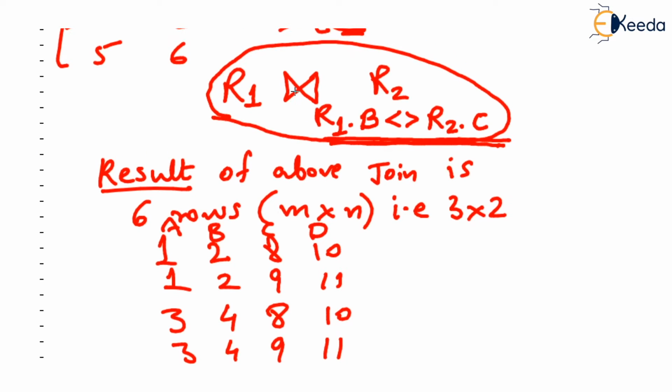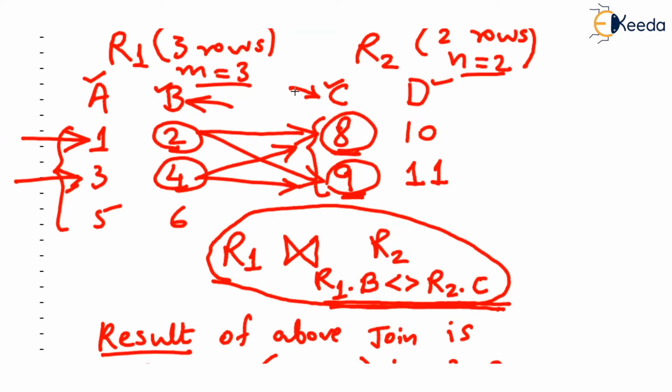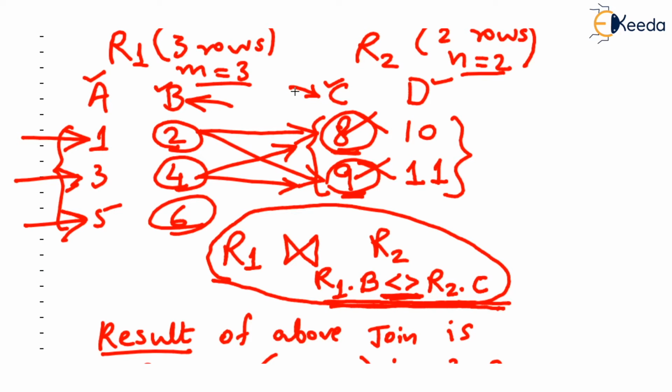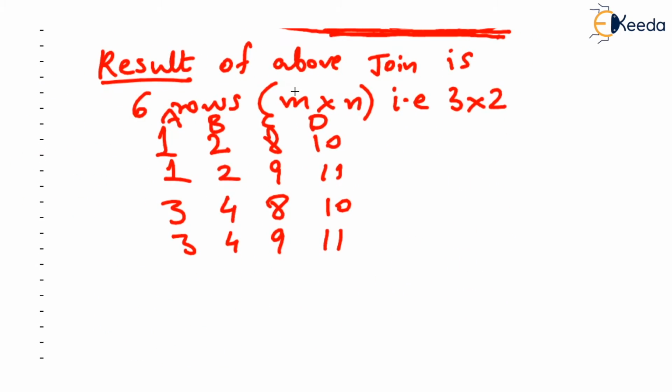Same thing will happen for the next row also. R1's row 5, 6, when joined with these two rows, you can see that the value of B here neither matches with the value of C as 8 nor the value of C as 9. So the condition is true, not equal to is the operator that we are checking on. So hence, the output shown here will be 5, 6, 8, 10, and 5, 6, 9, 11.